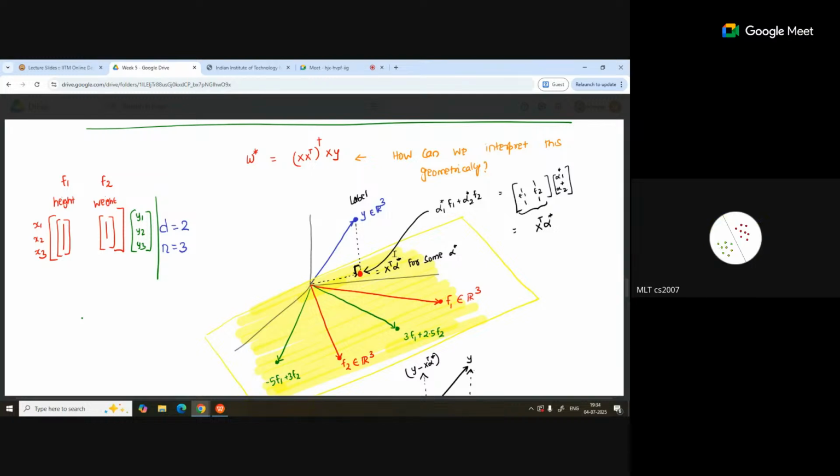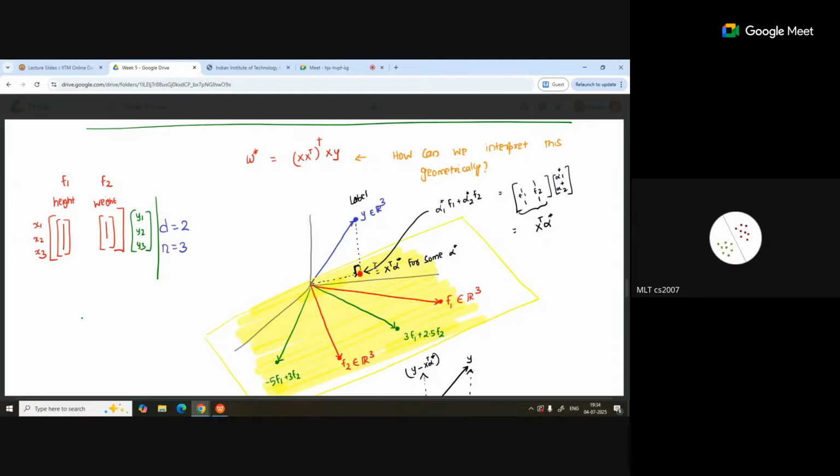So when my y is not in the feature space, what does that mean? I will not get a solution to this problem. In that case, you project that y onto the feature space, and let's say this is your projection.